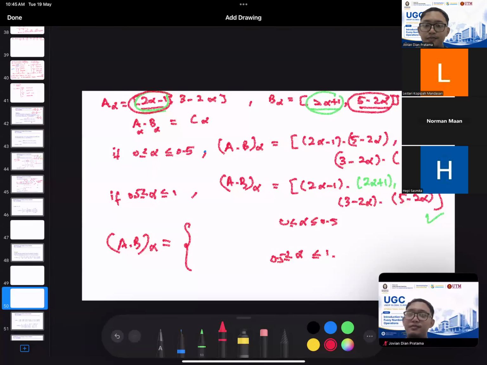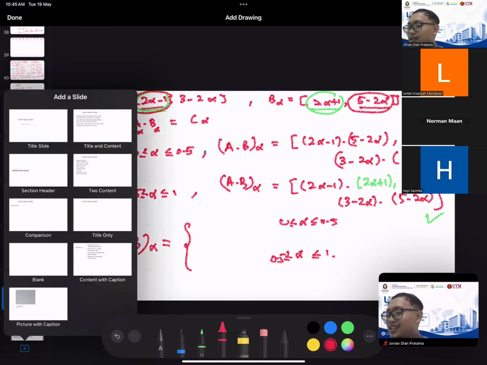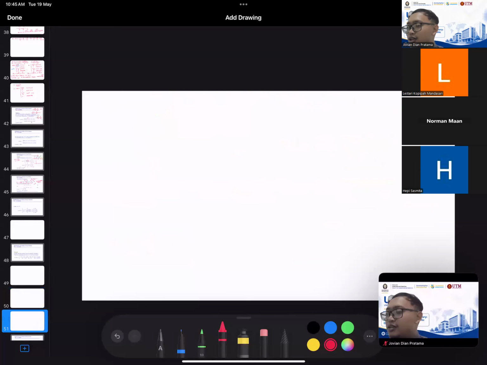Okay. So now I also can give you another example, but I think this one the students can try on your own. This one I put as exercise.